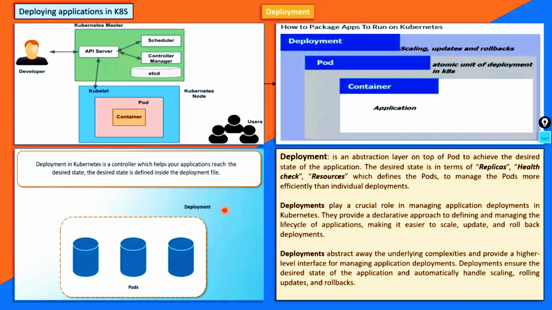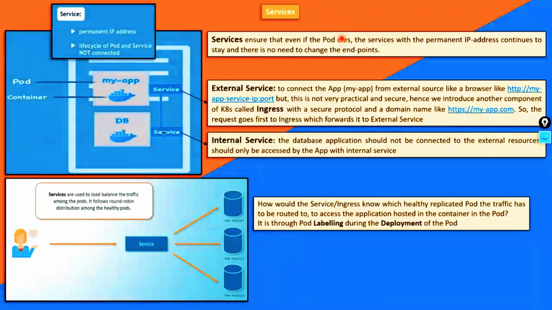All these things you can declare within the deployment manifest file. So deployment is a Kubernetes object created out of a manifest file. With the help of deployment, you create a pod, which surrounds the container with a layer, and the container has the application.